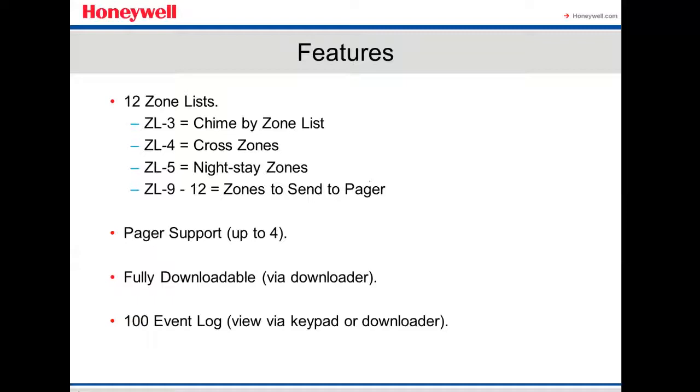In the keypad you can see the events of the alarm, in this case the last 100 events of the panel. You don't have to get a report from the central station; you can see it at the moment in the keypad.